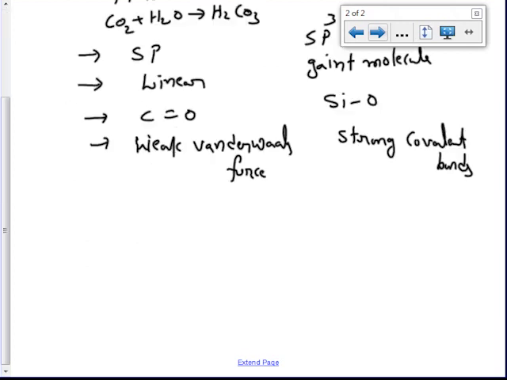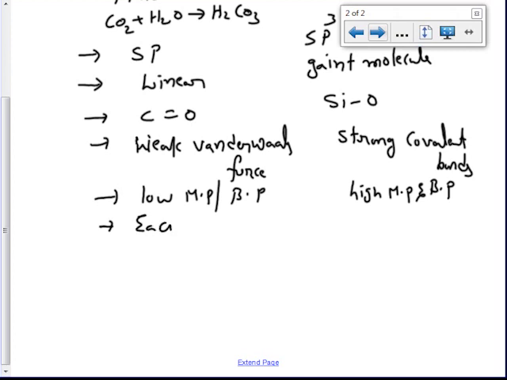So melting and boiling point, we can see CO2 is a gas, so it is having low melting and boiling points. But SiO2 is a solid, so it is having high melting and boiling points. In CO2, each carbon is surrounded by two oxygen atoms only.